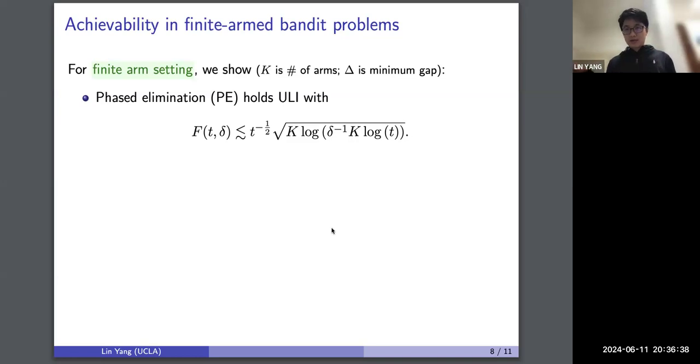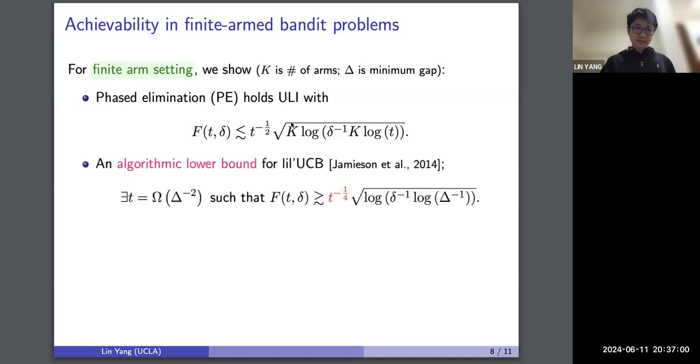If you run this algorithm in the optimal way, you can show that it holds this ULI guarantee, in fact with a near-optimal upper bound. The near optimality is shown here: it's 1 over square root t, times square root k, where k is the number of arms in the environment.